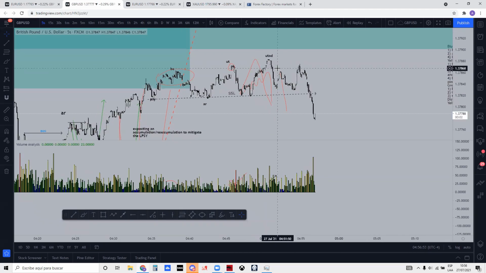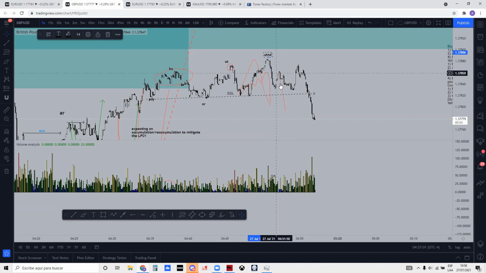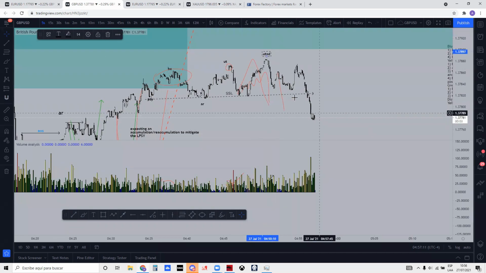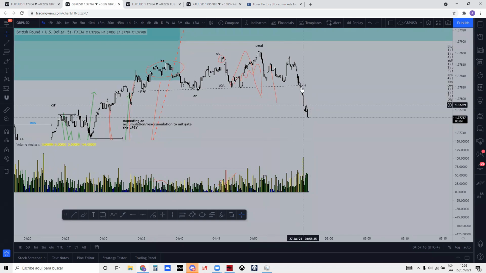As you saw earlier, you can watch the recording, but basically we had a lot of volume at the top, a lot of volume coming lower. So that's seen as a sign of weakness. And since this sign of weakness is happening at the beginning of the potential downtrend after the distribution, it was very likely price would go lower at that moment.